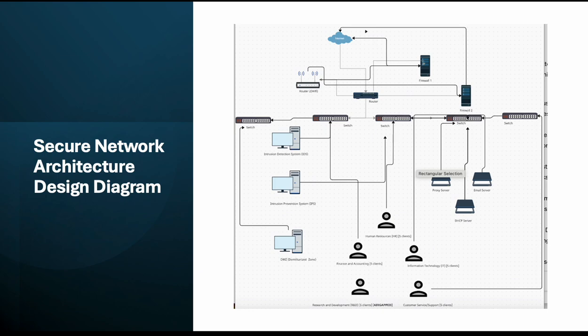So the next thing we can do is break it down from left to right in terms of the terminology. First, we'll start with an IDS, which is the intrusion detection system, which is connected to the secondary switch. What's good about an intrusion detection system is if you see that any vulnerabilities or malware may be present or actually active, then you can use this detection system to help detect it.